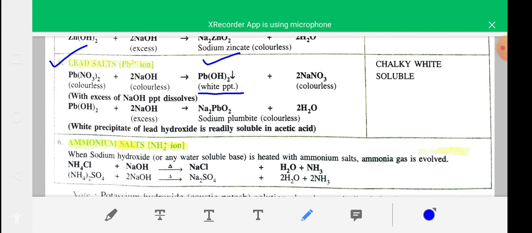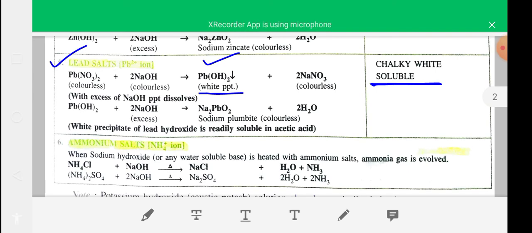So Pb2+ ion salt gives a white precipitate with sodium hydroxide solution, and this white precipitate of lead hydroxide is soluble in excess sodium hydroxide.